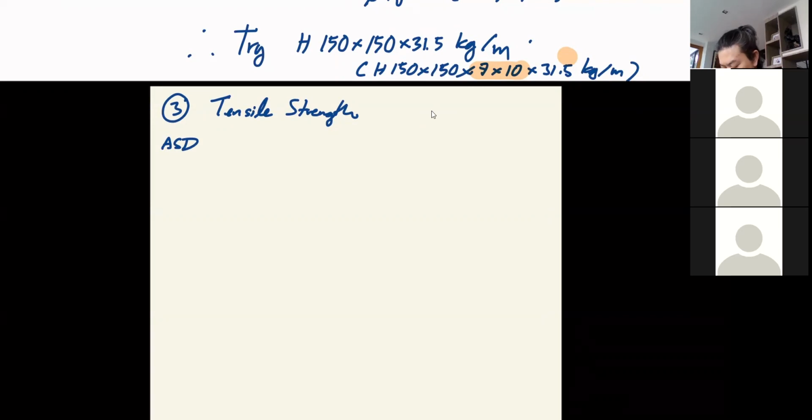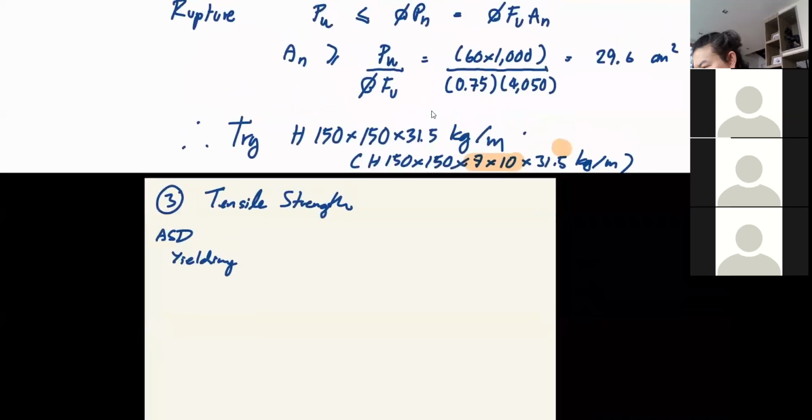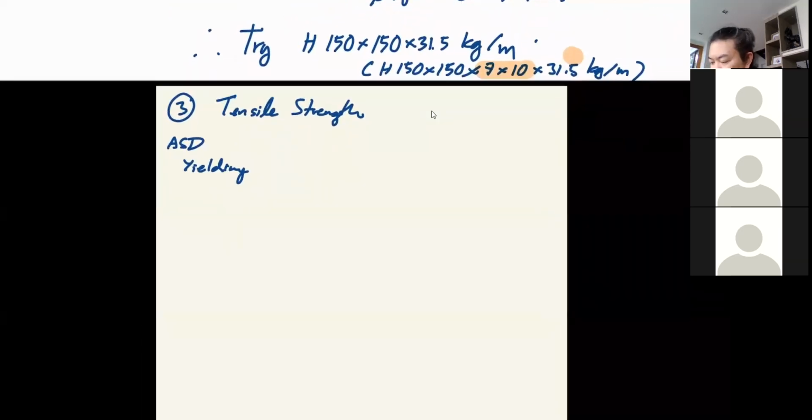Okay, so let's say ASD, we are going to check yielding. I use P, right? So for yielding, my design strength, P nominal divided by factor of safety, is going to be 1200 multiplied by the area.